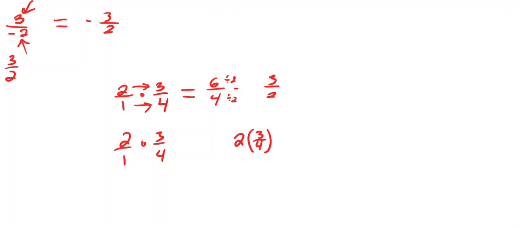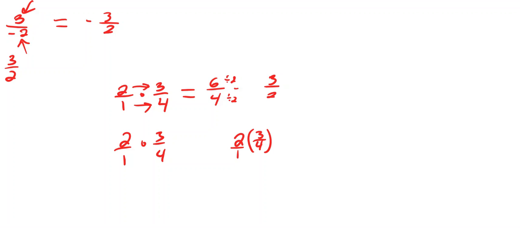Kids quite often think that's different, but really, in this sense, it's the same thing. It's just written a little cockeyed. The 2 is in the numerator, and the 3 is in the numerator. It doesn't matter.